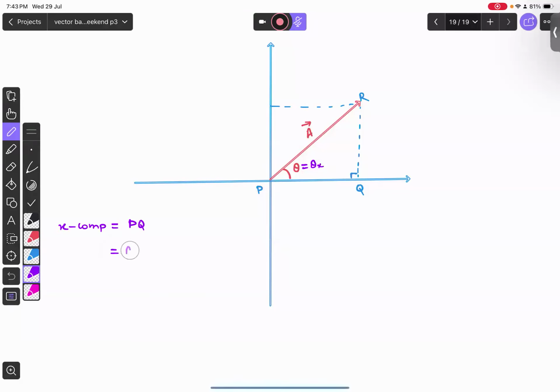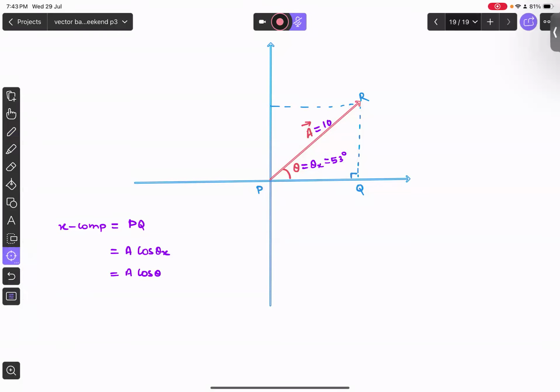And that will be A cos theta x, which is theta here. So maybe I will give some numerical values also for this. And this is our 53 degrees, suppose. So in doing this vector PR, we will end up doing PQ amount along X.